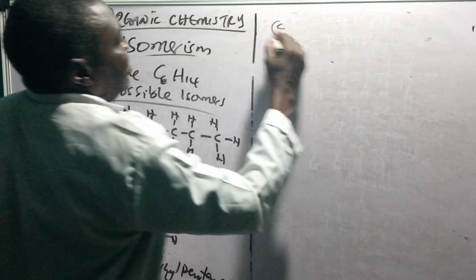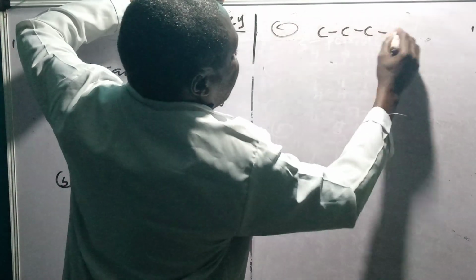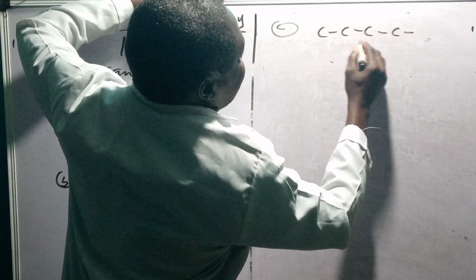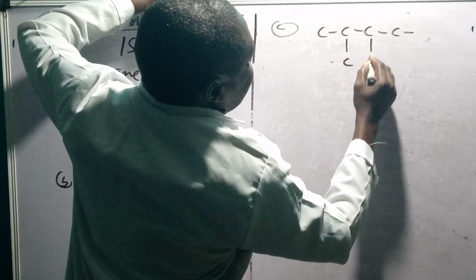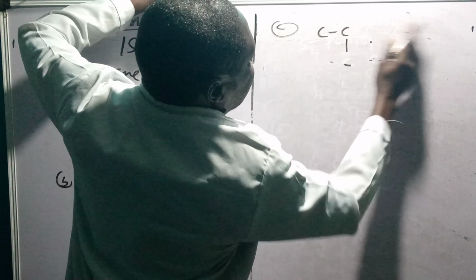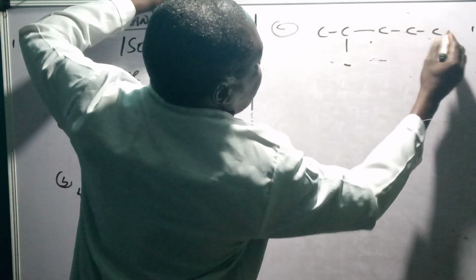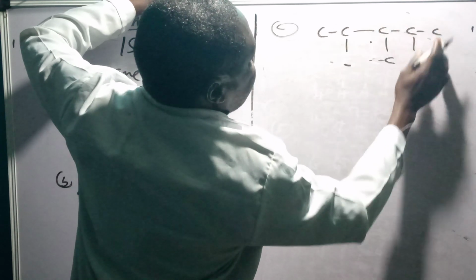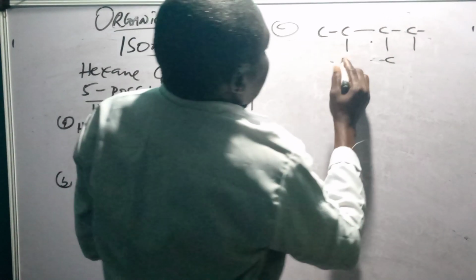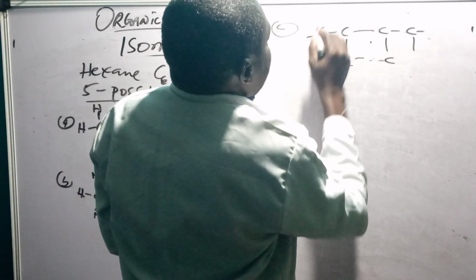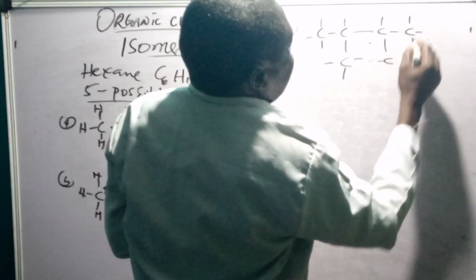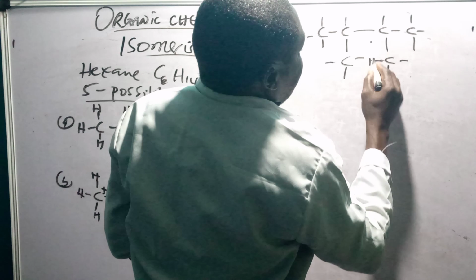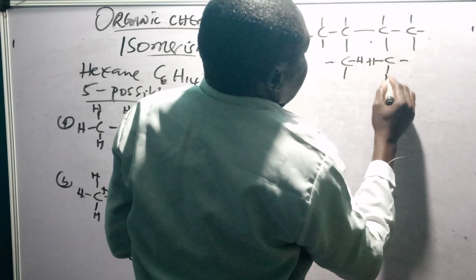So let's have a look at the third one. Make sure they are not the same. Actually, how you know they are not the same is by looking at the naming. Let's spread it out. 1, 2, 3, 4, 5, 6. Be very sure what you are doing. So you have hydrogen here, you have hydrogen here.